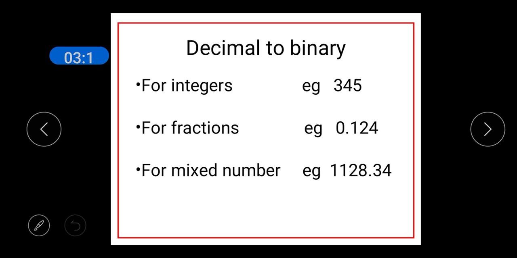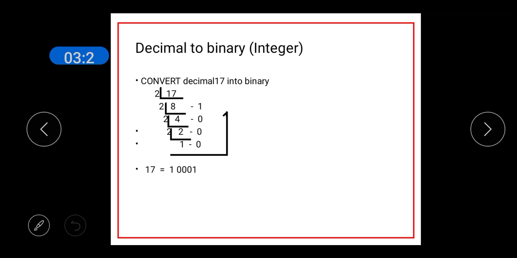Now we can convert the decimal in the integer form or decimal in fraction form or decimal number in the mixed form to binary number.